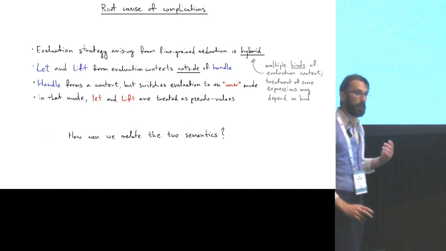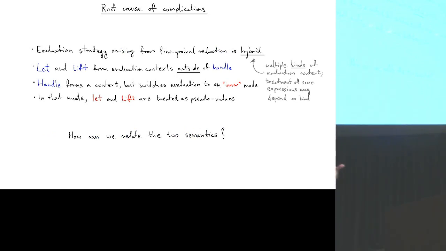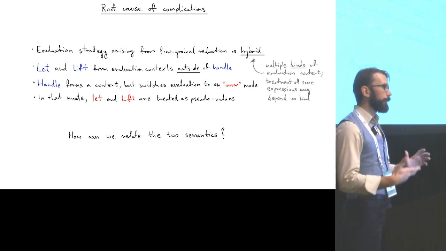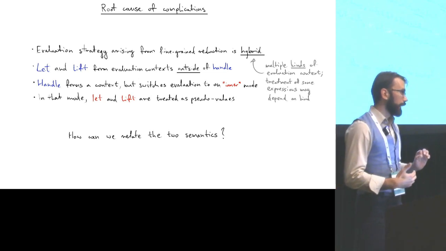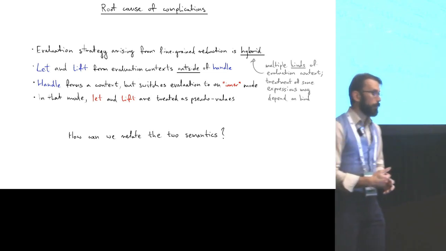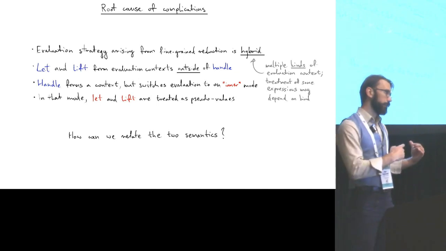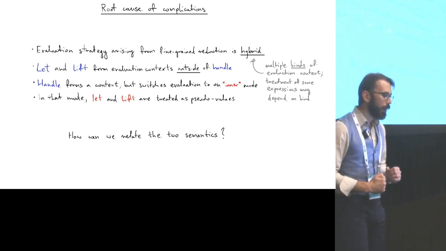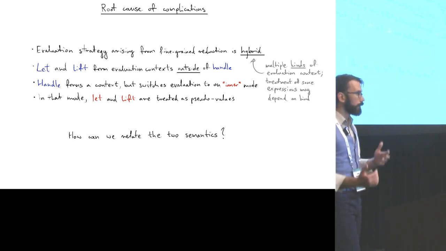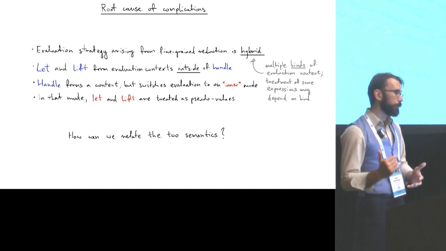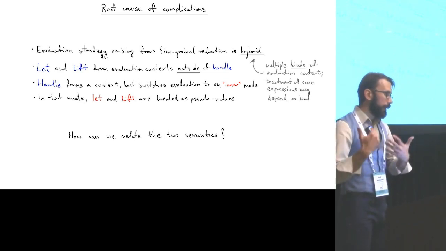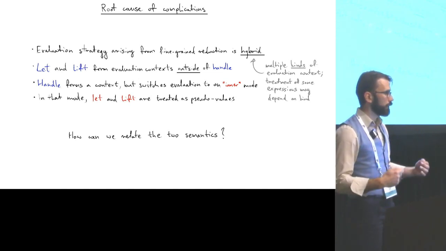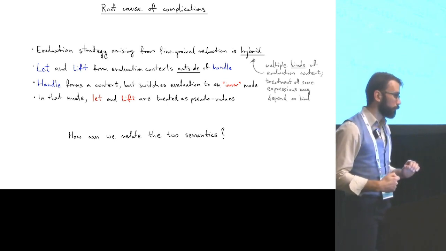It seems that this is not just an ad hoc hack. There is a deeper insight into why this problem appears for our particular semantics of effect handlers. This is because the evaluation strategy that we get for these effect handlers, as part of the first part of the standardization, is hybrid. That means there are multiple kinds of evaluation context, and the kind of evaluation context we are in determines how we treat certain connectives, in this case let and lift, most importantly.